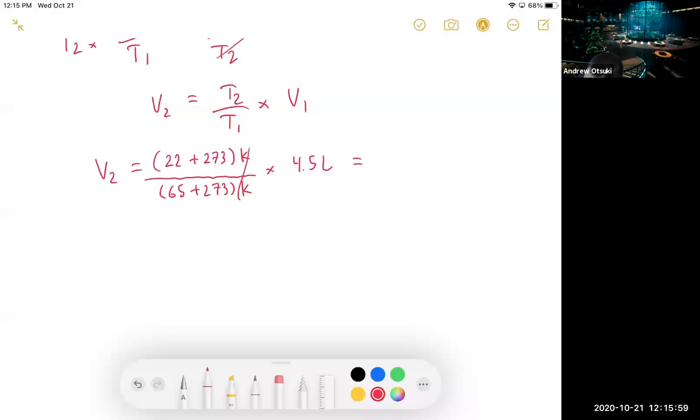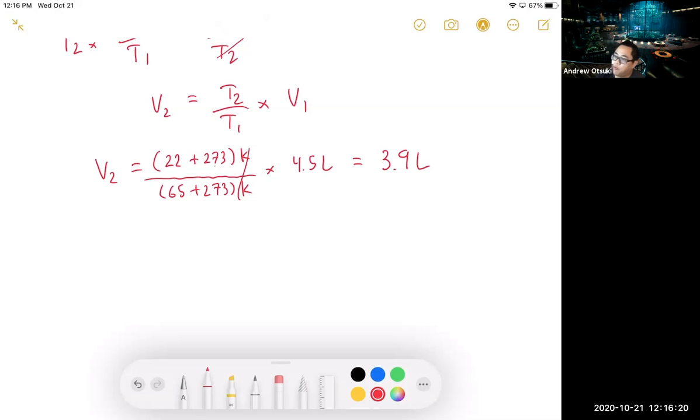And what we should get at the end is 3.9 liters. So let's check that our temperature decreases, which leads to decreased volume. So my answer sounds okay. And my temperature fraction is going to be less than 1. So we're multiplying our volume by a smaller number, which is 3.9.